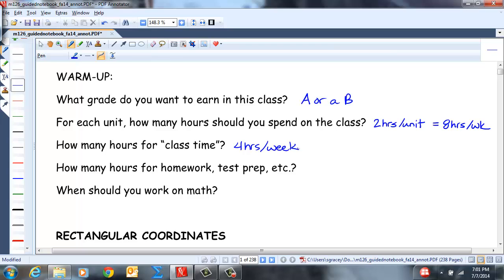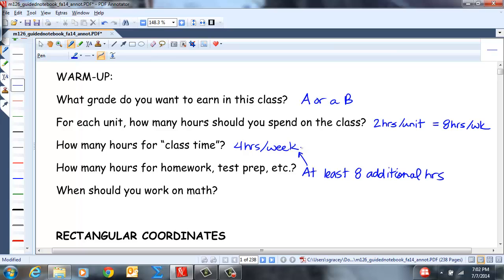So how many hours for homework, test prep, etc.? Above and beyond the 4 hours per week, you should be doing at least the 8 hours a week that we talked about. So at least 8 additional hours.